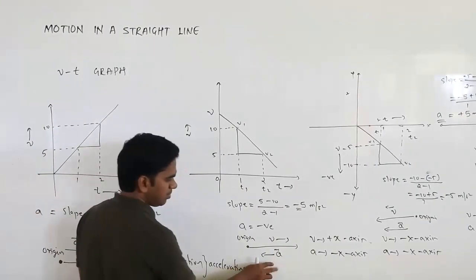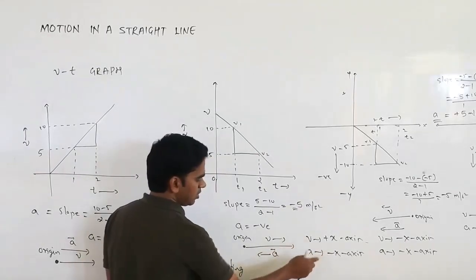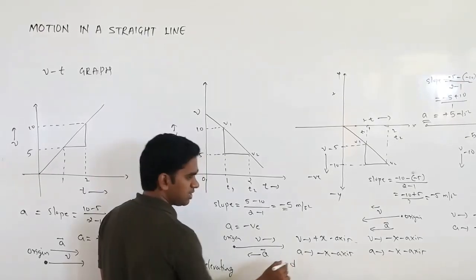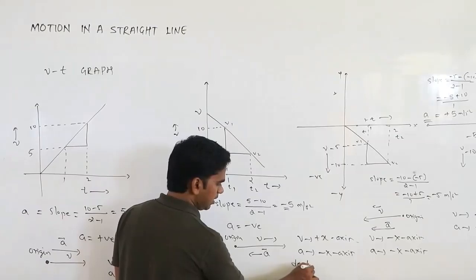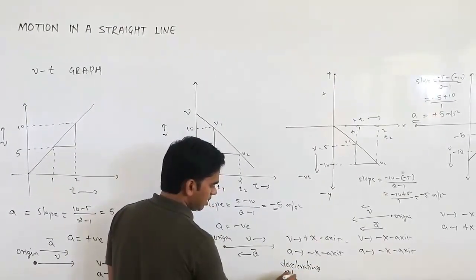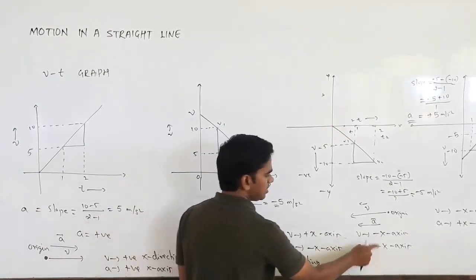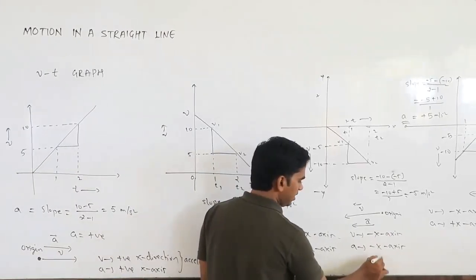So here, what is happening? V and A are of opposite sign. Opposite sign means it is deaccelerating. Velocity is decreasing. That means deaccelerating, or you can also call it retardation. Okay. So again here same sign. It may be negative, but same sign means it is accelerating.